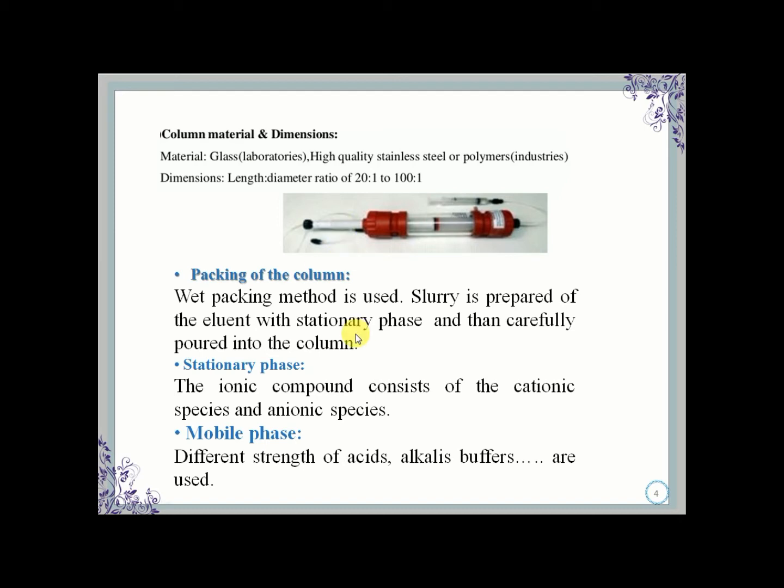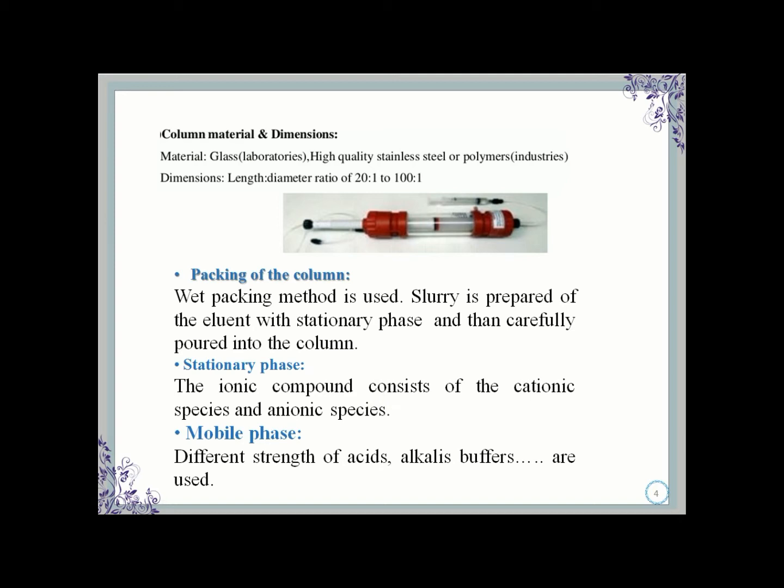Materials used in the stationary phase are cellulose, silica, polyacrylamide, acrylate polymers, and coated silica. The stationary phase material is a resin or a gel matrix consisting of agarose or cellulose which can covalently attach to the charged functional group.